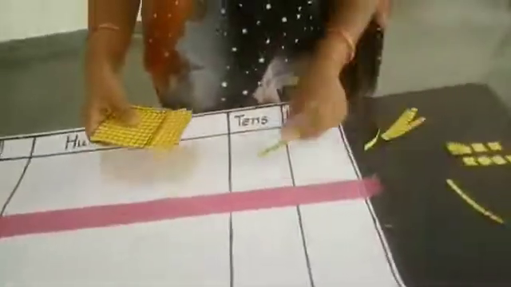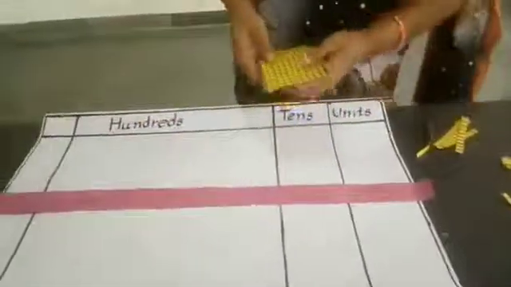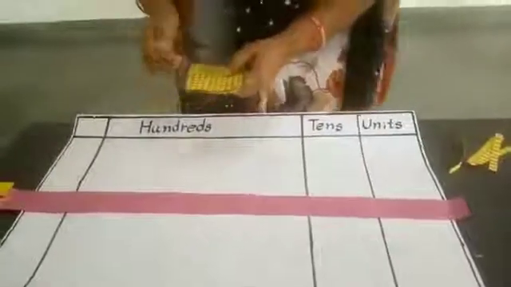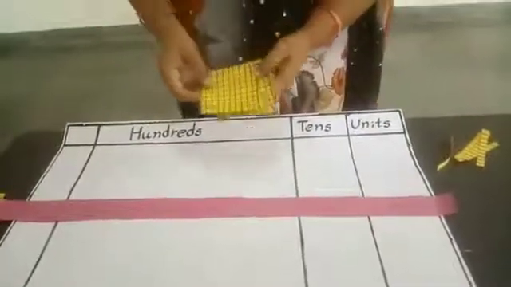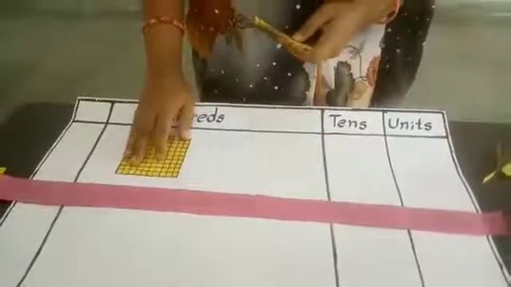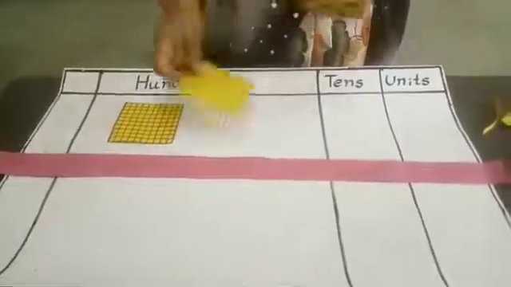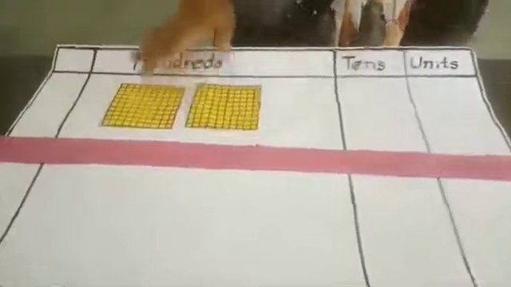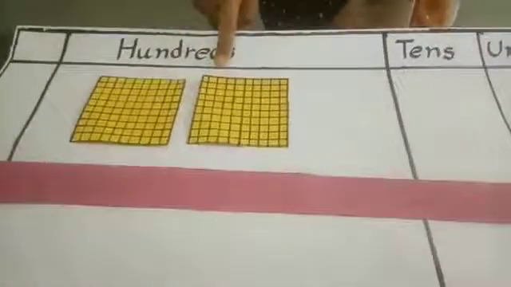Now see, we will take one example. Now see, how many squares will I put? 1 and 2. It means 200.